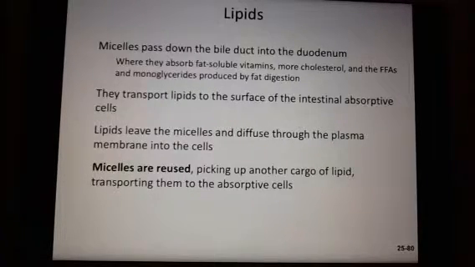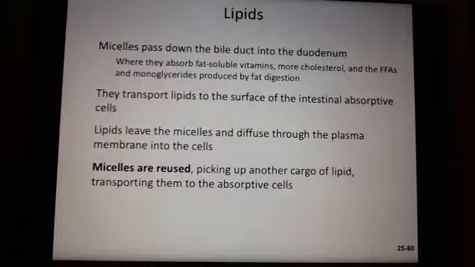The lipids leave the micelles and then diffuse through the cell membrane, and the micelles are reused. So they're able to pick up another lipid, transport it to the intestinal cell, and recycle that process. So don't get confused about the micelles. I think they're weird little things.